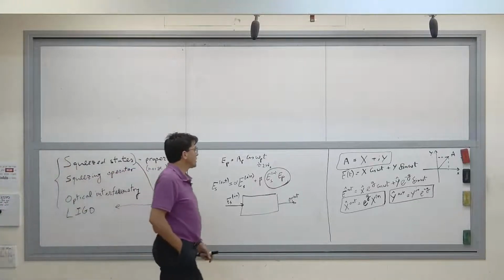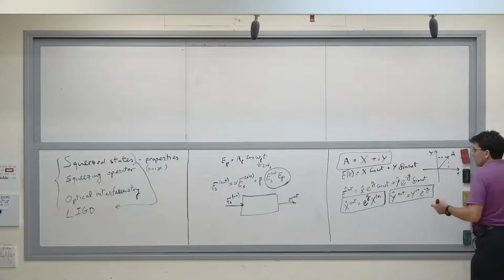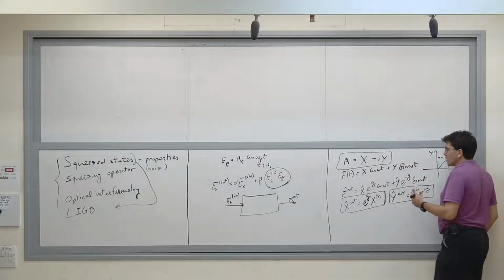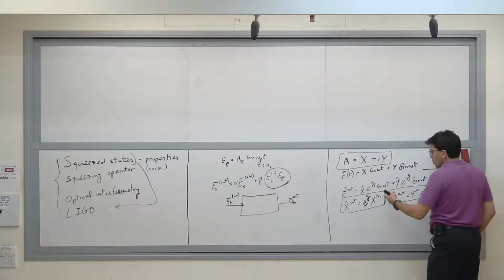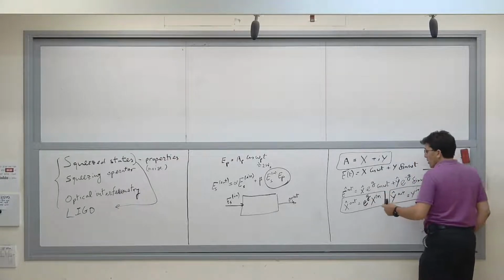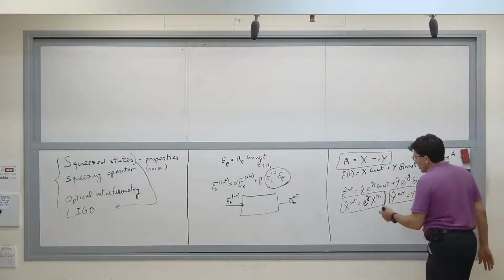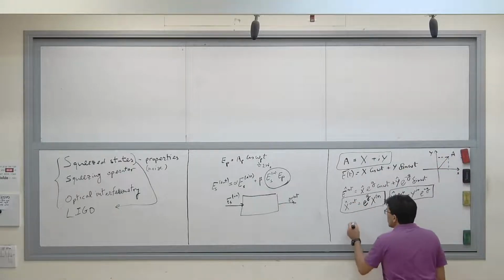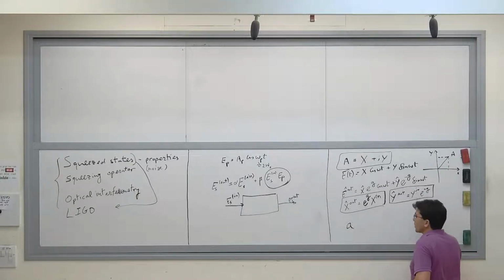Okay. So this is what we said, and that means that if this is the relation between the input and the output quadratures, then we can also write a relation between the creation or annihilation operator at the input and the output.